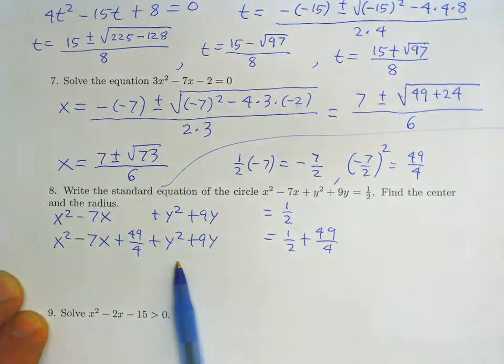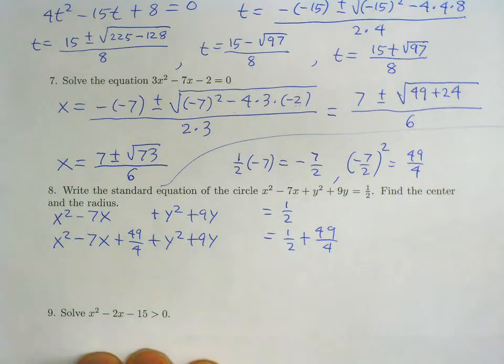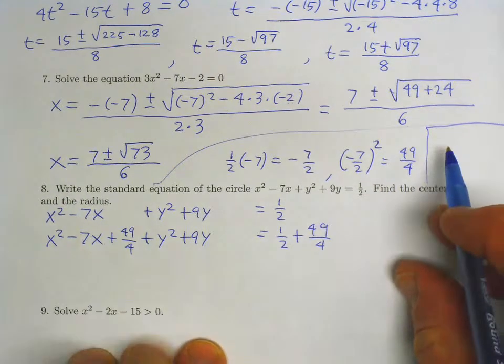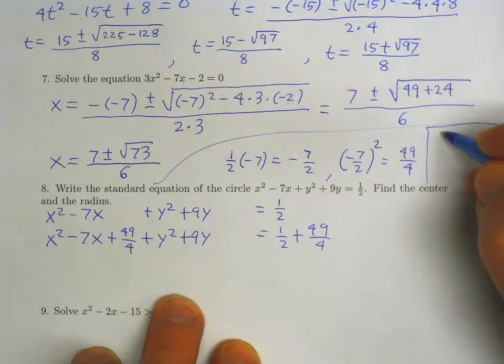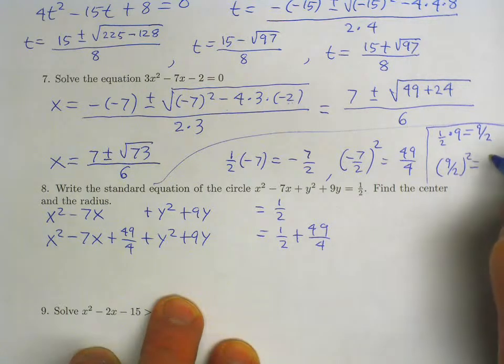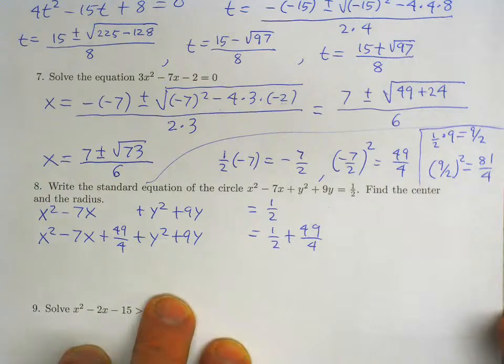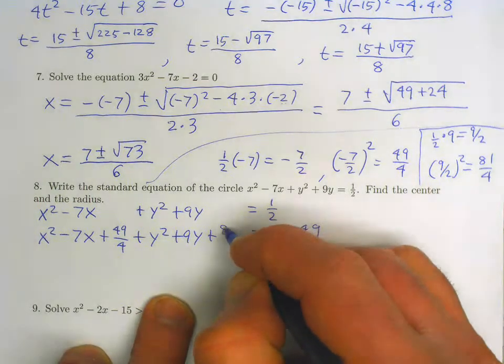And now we complete the square on y squared plus 9y. So to complete the square here, we take 1/2 of 9. 1/2 times 9 is 9/2. And we square 9/2 to get 81/4. So we have to add 81/4 to both sides.